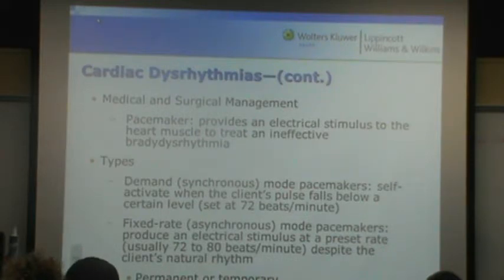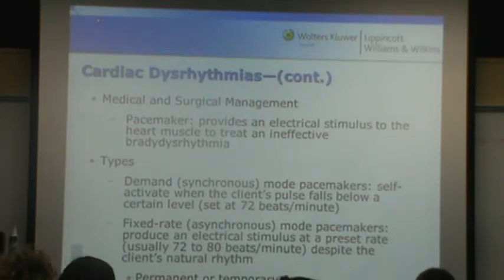And it's implanted just like the automatic internal defibrillators, usually sitting right under the collarbone. And like you were saying, there are demand pacers and there are fixed rate pacers. Demand pacers are only pacing the heart when their heart rate falls.